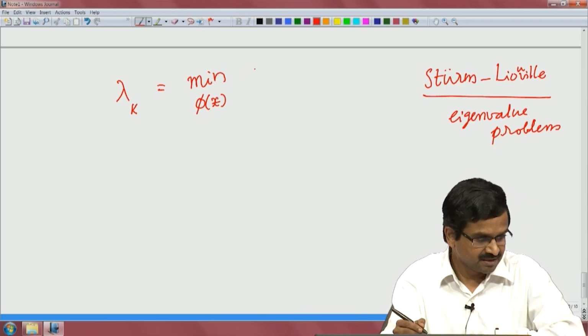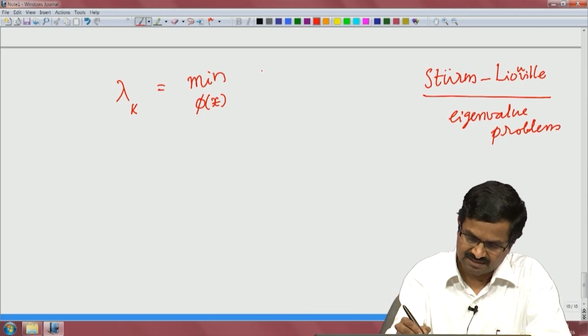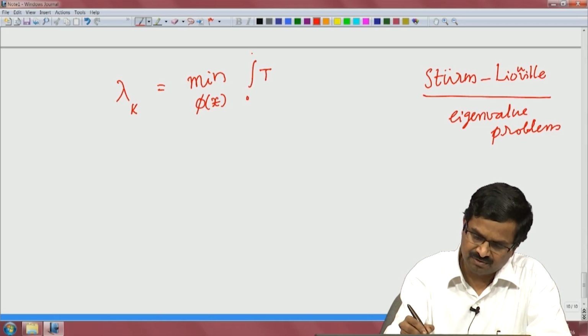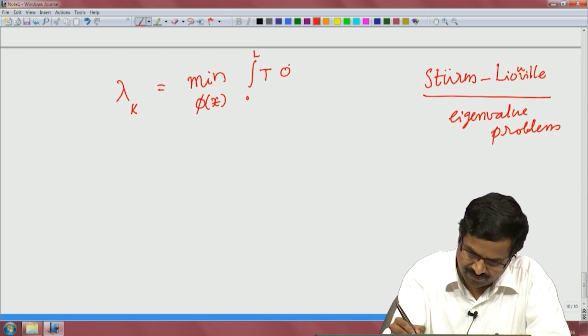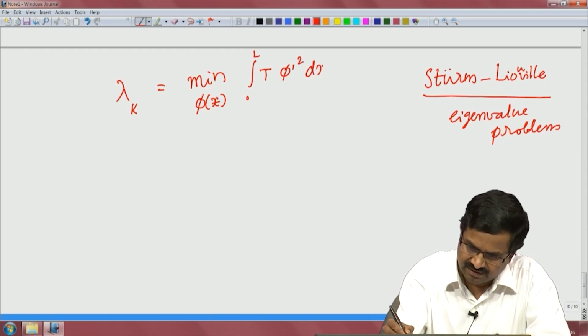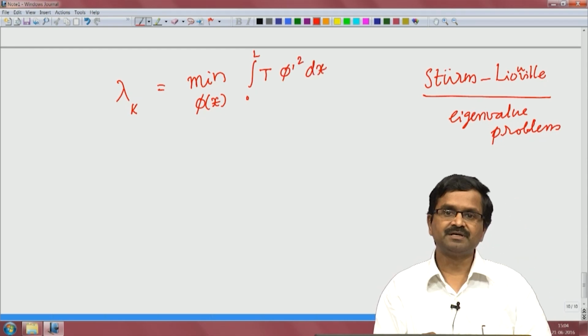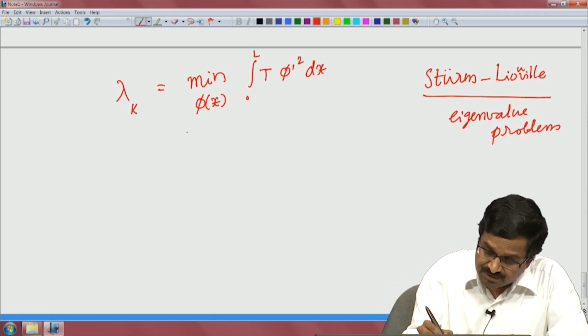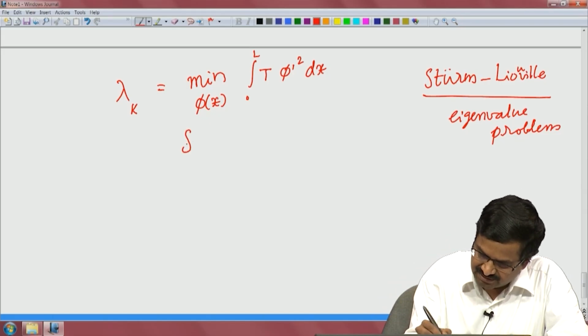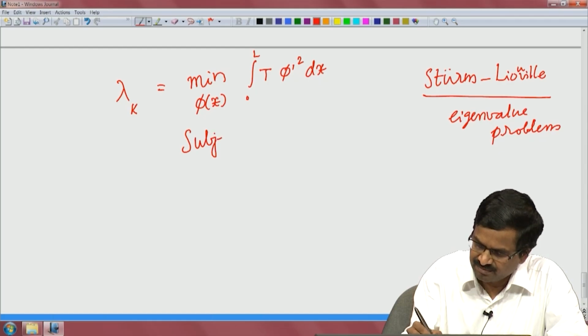What do you minimize? In this particular case I will write the integral 0 to L of T phi prime squared dx. That is the quantity that we will minimize, subject to some conditions. Actually, this is not just an unconstrained problem.